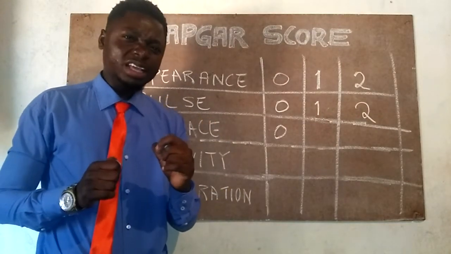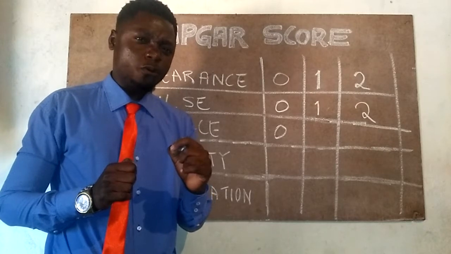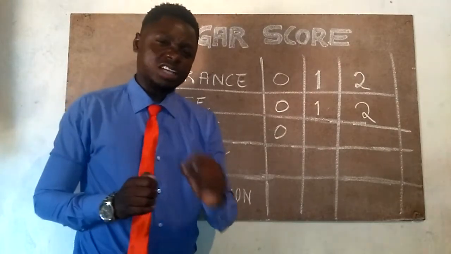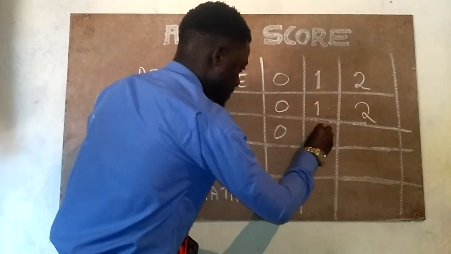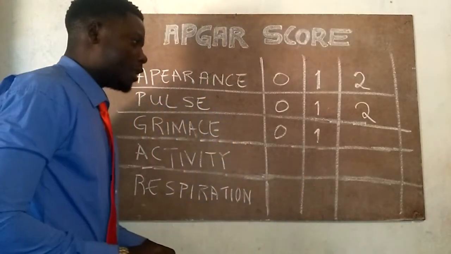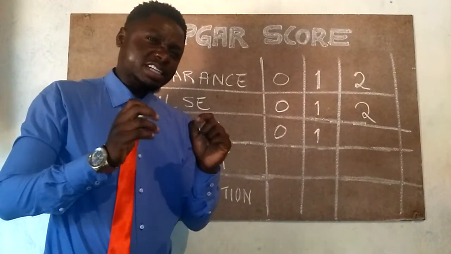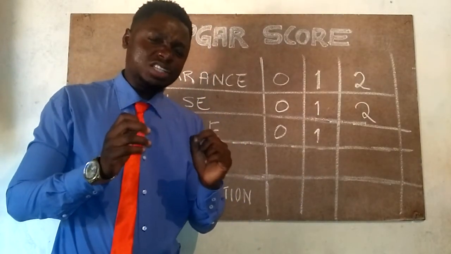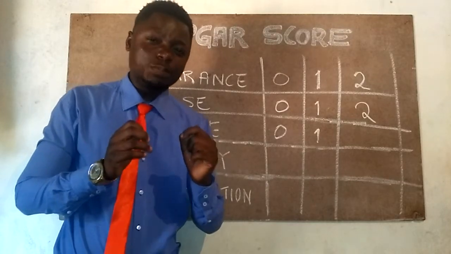If only the grimace is present and no movements, then we give this child 1. Now, if the grimace is present and the movements are present upon stimulation, we give this baby 2.